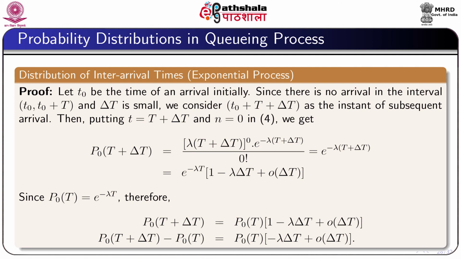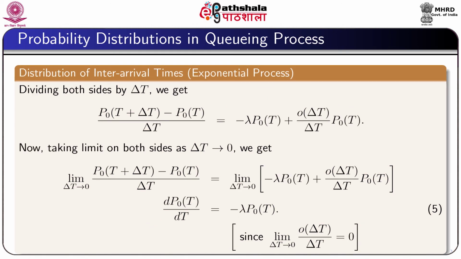Since P0(T) is equal to e to the power minus lambda T, we can write P0(T plus delta t) is equal to P0(T) into 1 minus lambda delta t, plus order of delta t.